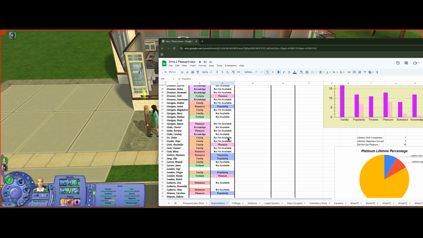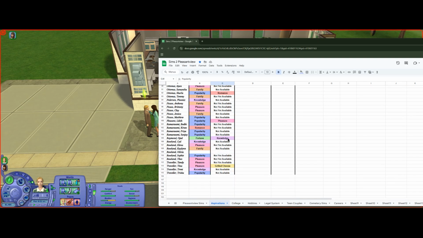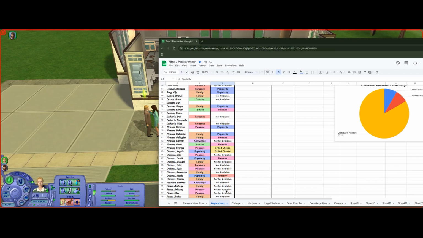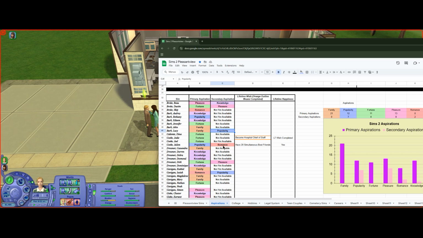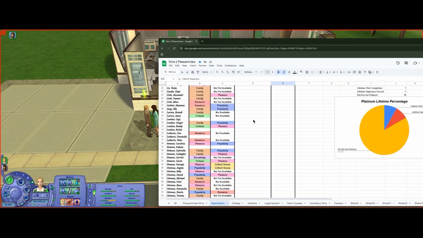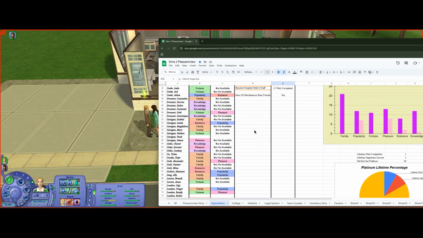But yep, and as you could tell, we have quite a few Sims already filled out that graduated college or got lifetime happiness. I also added this tab, lifetime wish. Orange outline means completed. And I need to fill this out and put everybody's lifetime wish down right here.